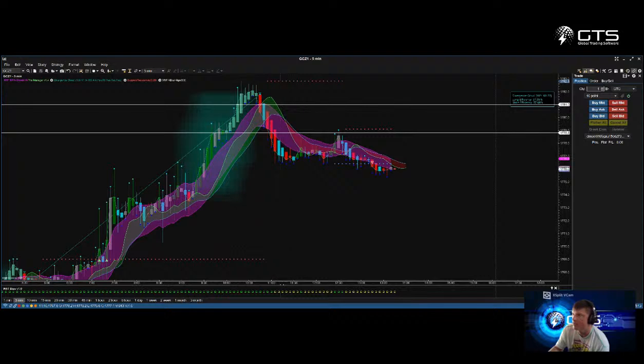This is 4 candles. 1, 2, 3, 4. You're getting out on this candle right here. Or you're looking at 2 higher than average distribution candles in a row.